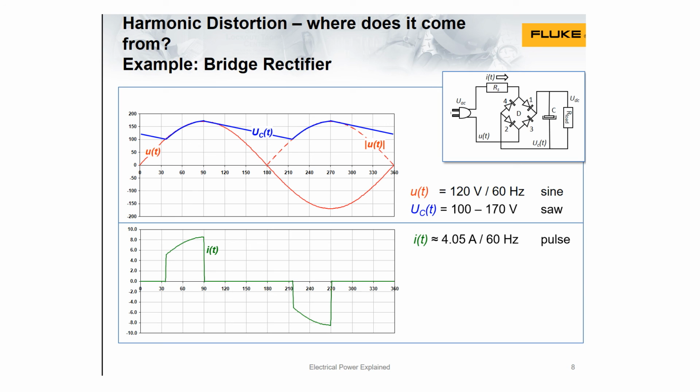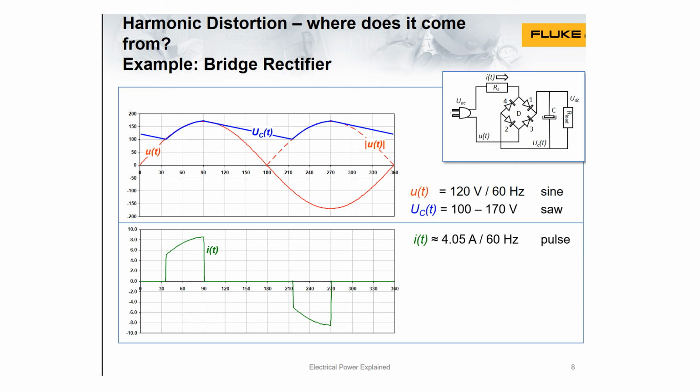When the increasing UT equals the decreasing UCT at a phase angle of about 30 degrees, the diodes D1 and D2 become forward biased and current IT starts to flow. See also bottom graph. The value of current is limited by the series impedance RS.